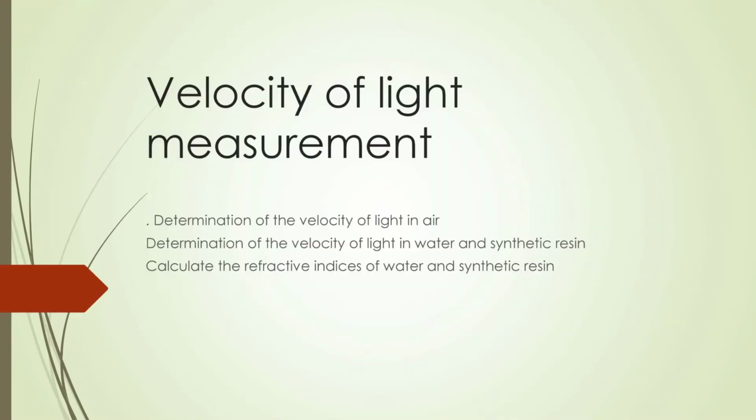Experiment number 4 is velocity of light measurements. The objective of this experiment is to determine the velocity of light in air, in water, and in synthetic resins, and also to calculate the refractive index of water and synthetic resins.